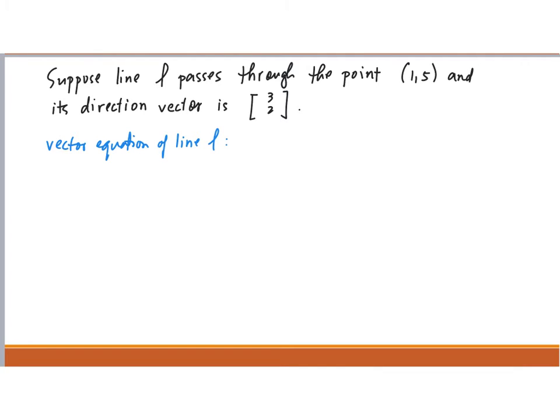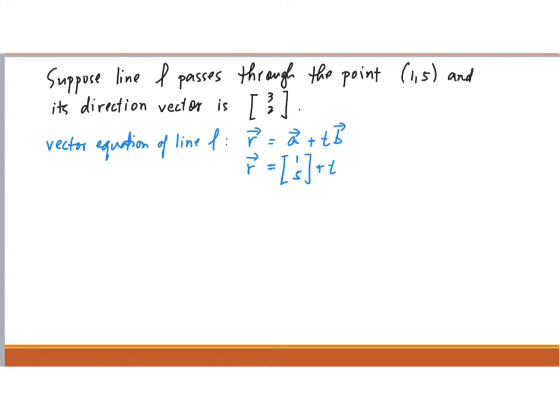Well, we are going to use r is equal to a plus tb, and this is going to be direct because we are already given the point. Since a is the position vector of any point on the line, our a here will be the position vector of (1, 5) from the origin, so that's just (1, 5).